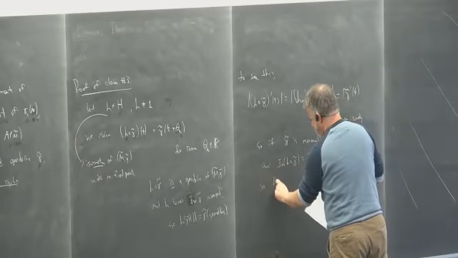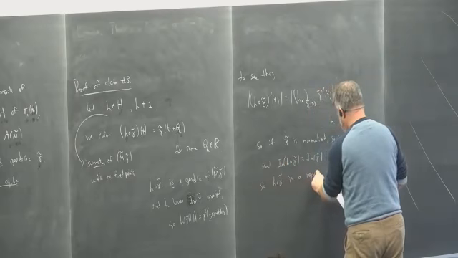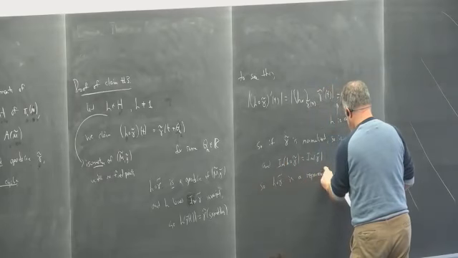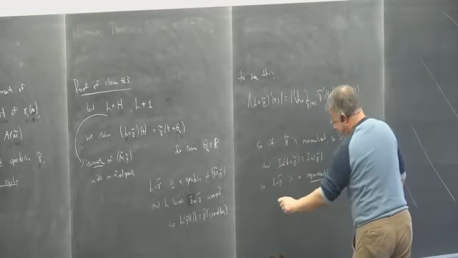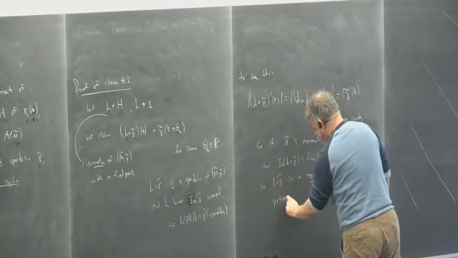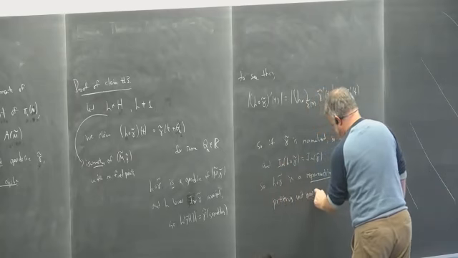So h composed gamma tilde is a reparametrization of gamma tilde, preserving the unit speed property. Okay.